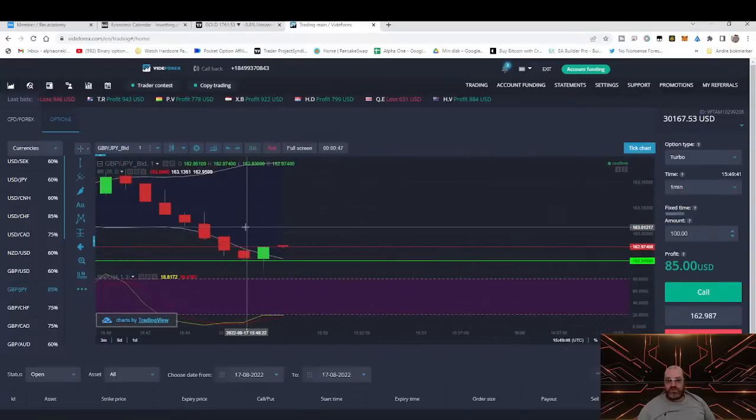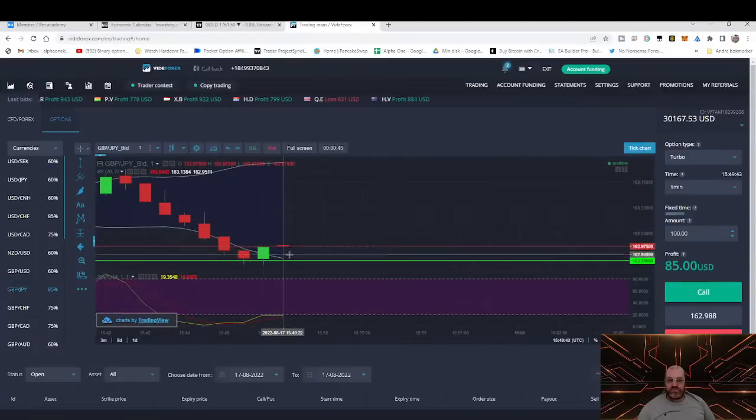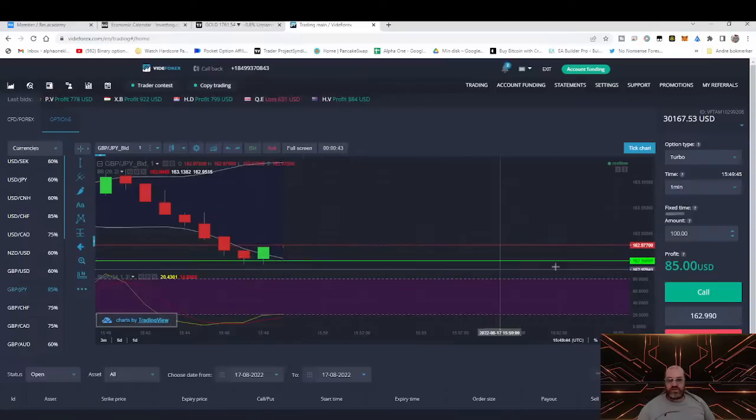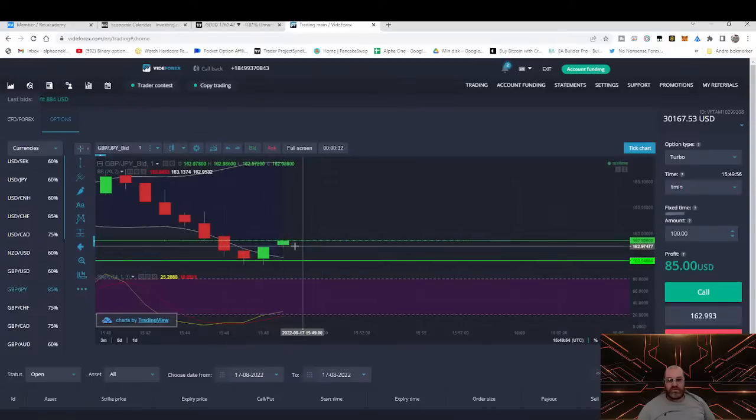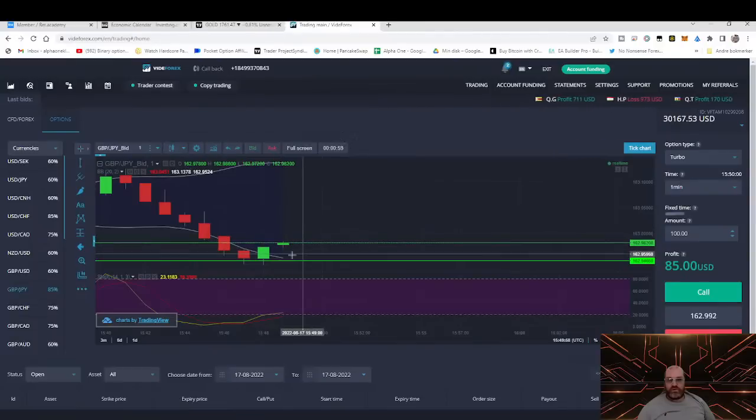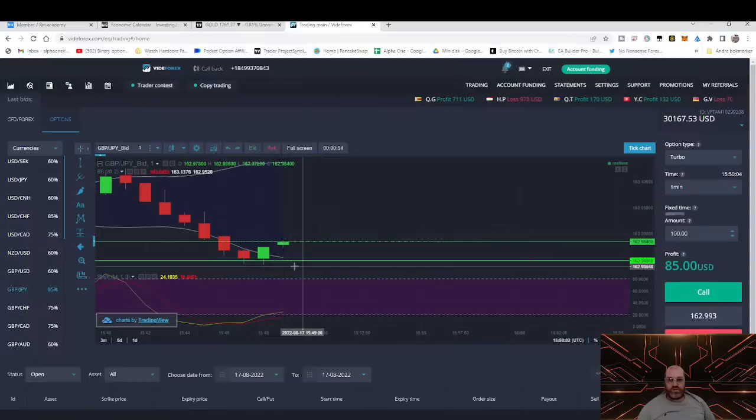Now let's zoom in. If this red one can come down here again, we are ready to take a call trade, because we see the bullish band line is still above this line. So let's wait and see. But currently no. If this bullish band crosses below here, this one is not valid anymore either.